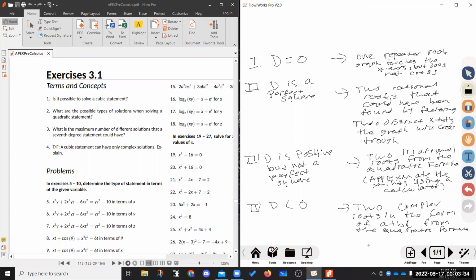And this tells us that there are no x-intercepts on the graph. The graph does not cross the x-axis then.